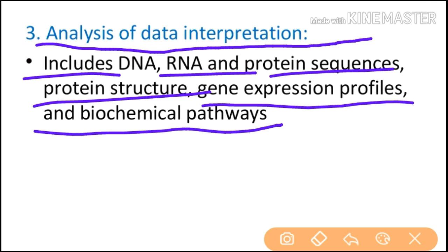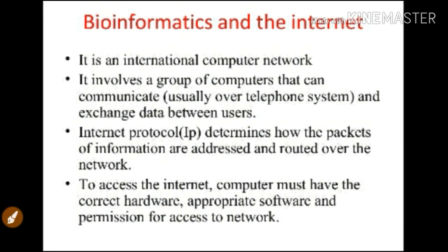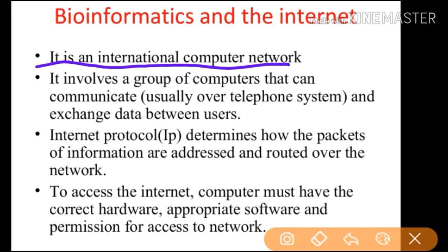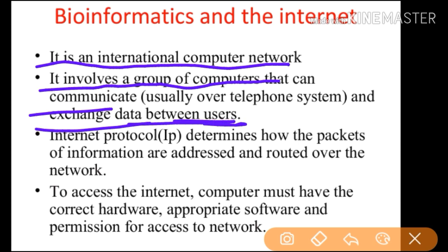So now we have created our database, we have analyzed our data, and we have created many kinds of algorithms for knowing our data. Now we talk about bioinformatics and its relation to the internet. It is an international computer network. It involves a group of computers that can communicate and exchange data between users. So it's a network of many communications, like computer communication, and you can exchange your data anywhere.